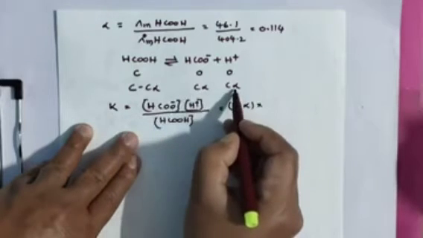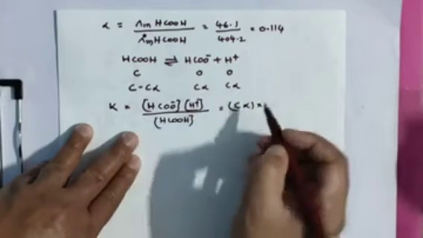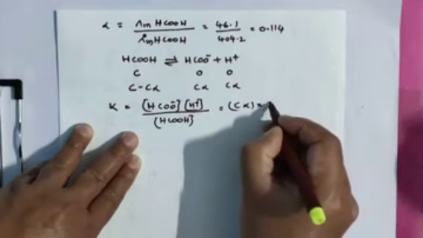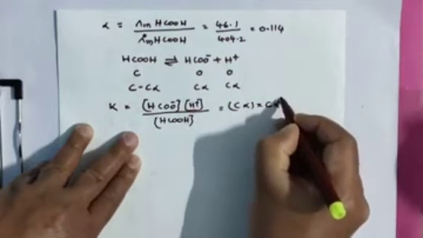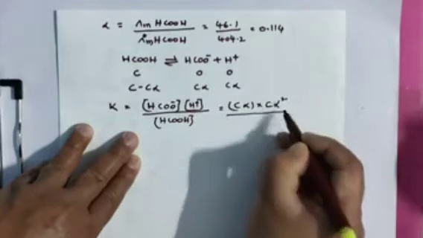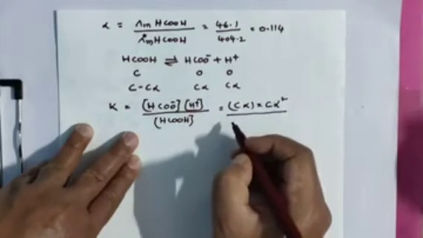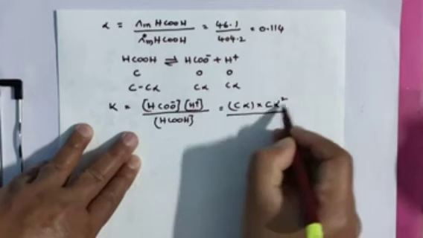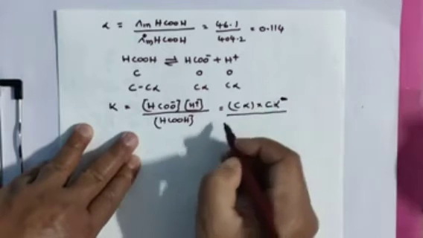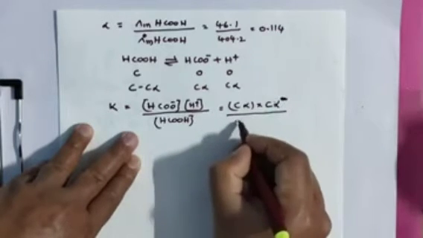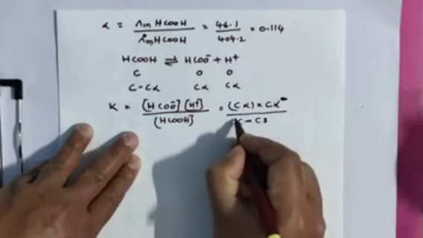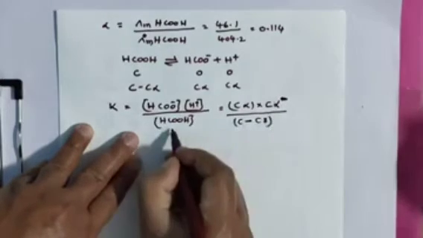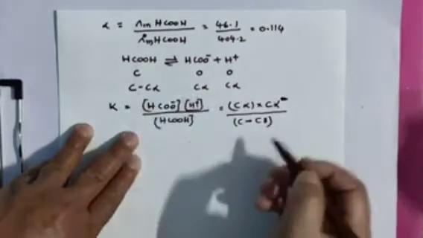C alpha into C alpha, clear? C alpha square you are getting, upon C minus C alpha. This is C minus C alpha.